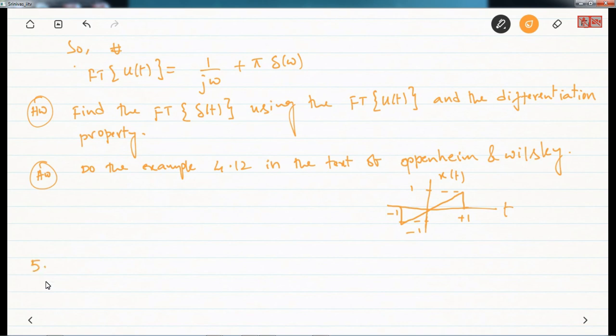So the next property is time and frequency scaling. Here again we know that the Fourier transform of x of t is given by x of j omega.